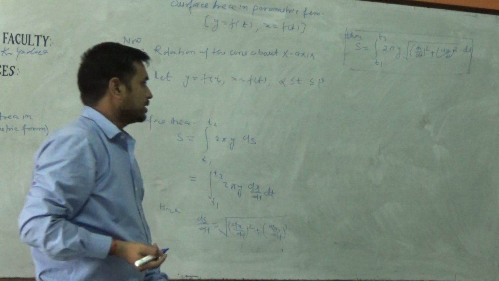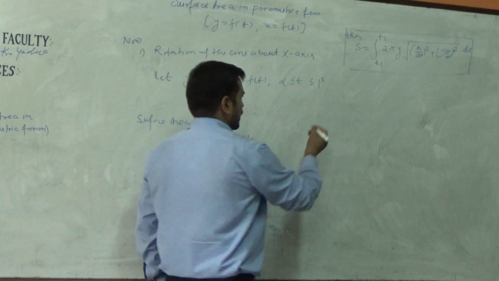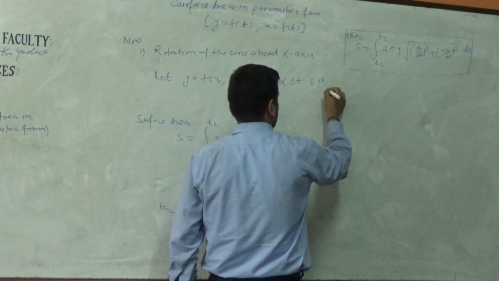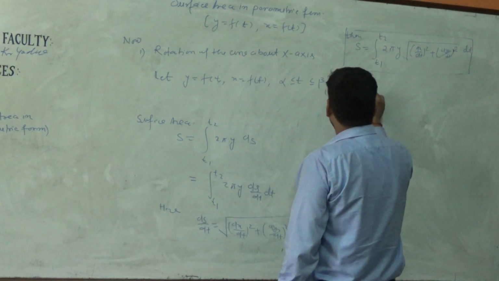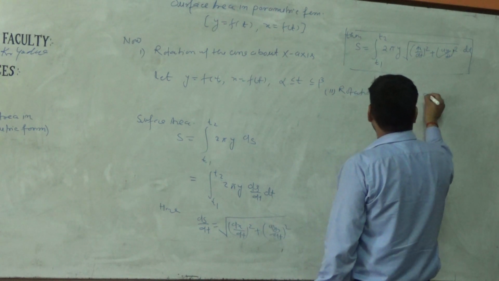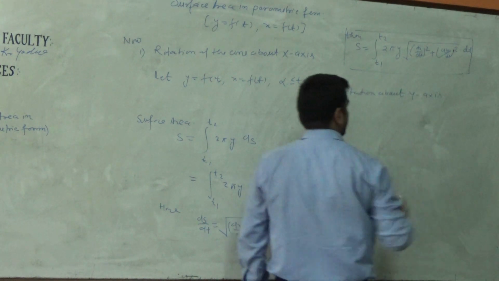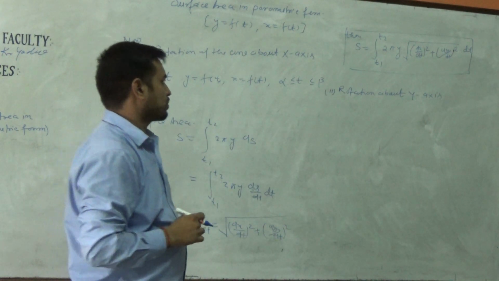Now we take the second type of rotation, that is, the rotation about the y-axis. In this case, there is a slight modification in the previous formula.